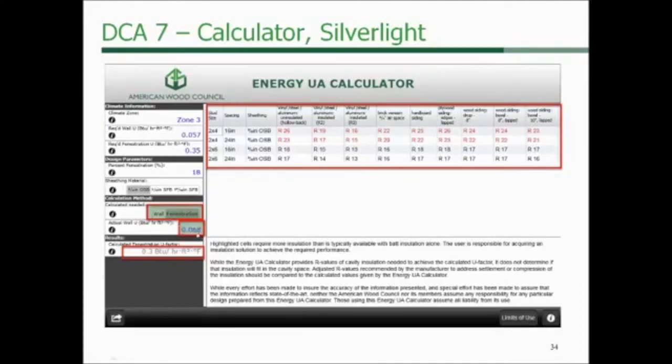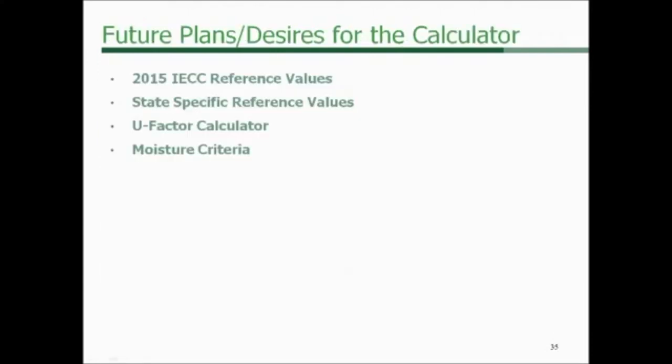I said I want a 0.068 wall, and now it's giving me options of what can make that 0.068 wall. So it's a sneaky way of saying, how do I get a wall with a certain U factor? Okay. So that's one of the tricks that I like about it.